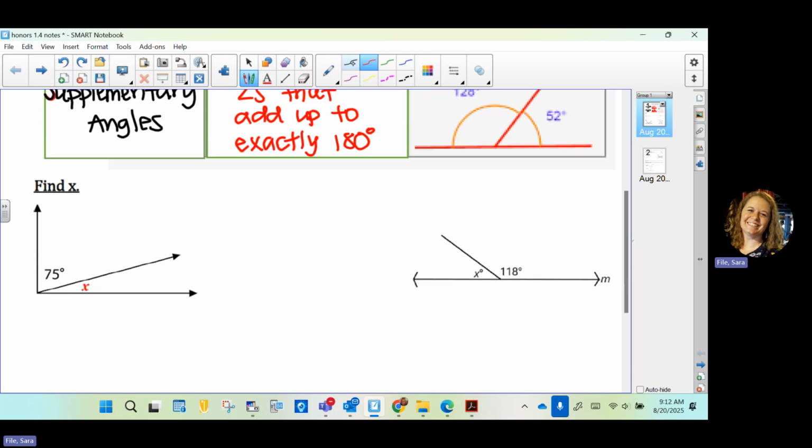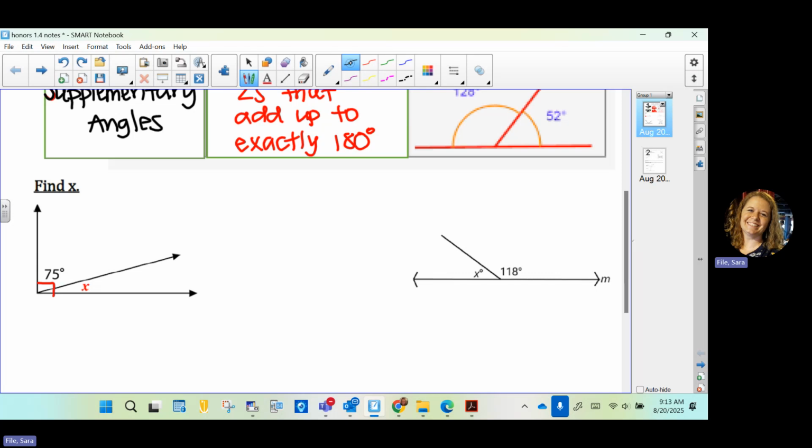We do not assume things are drawn to scale or what they look like. We go by labels and markings. So please add a 90-degree marking so that we can actually calculate them. If that 90-degree marking is not there, technically I could say there's not enough information to solve that, because I'm not going to assume things. Does that make sense? So make sure you add that 90-degree marking.